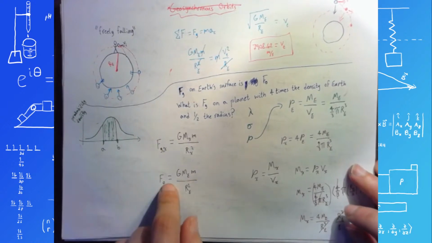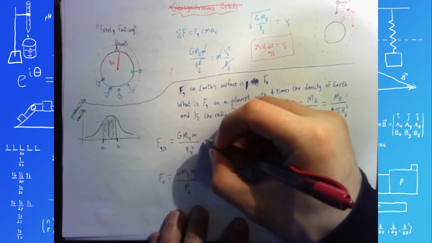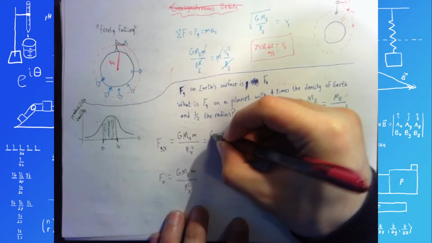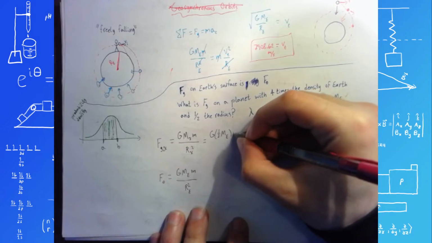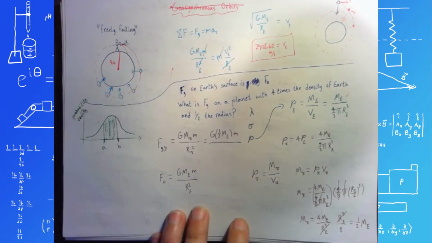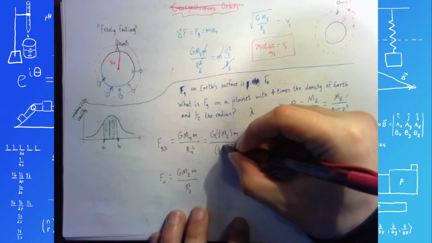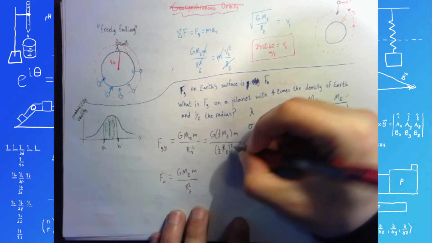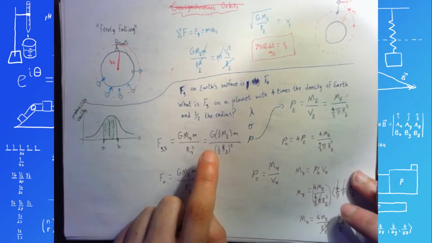If I just compare these two, mx we said is 1/2 me, so we've got G times 1/2 mass Earth. And then for the radius of planet X, that's just 1/2 the radius of Earth, and then that squared. So we've got a 1/2 over here and a 1/2 squared in the bottom. 1/2 squared in the bottom is a 1/4, and dividing by 1/4 is the same as multiplying by 4.